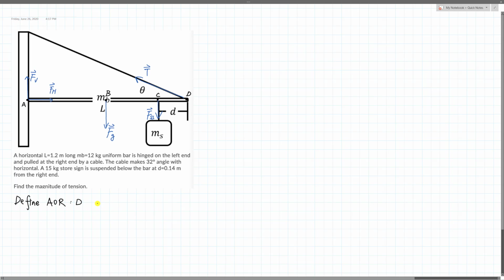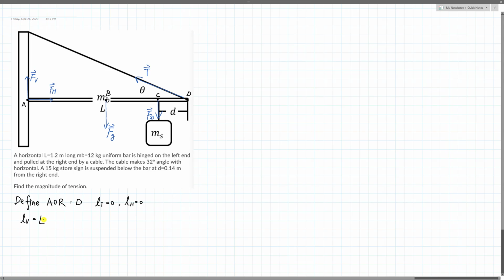So once D is chosen, I realize the lever arm of tension is 0. Also, the lever arm of the horizontal force is 0. And the lever arm of the vertical force is the entire bar's length. Okay, so the lever arm of the vertical force is the length of the bar.